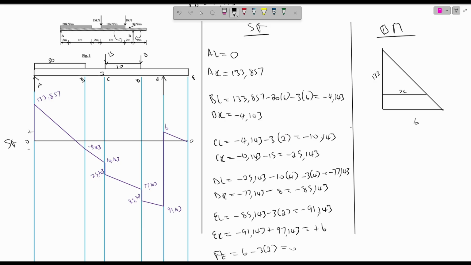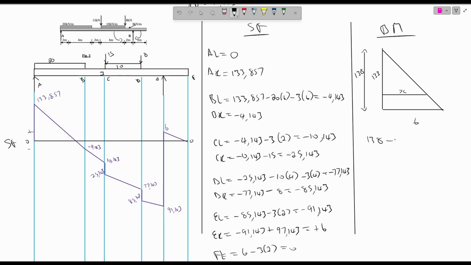133.857 plus 1.143, which is 138. That's 138.